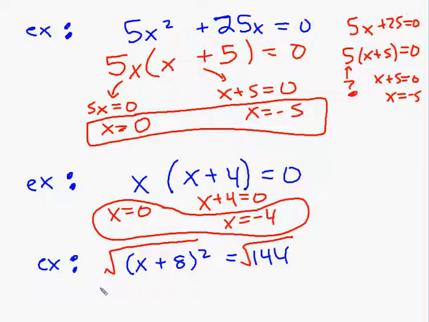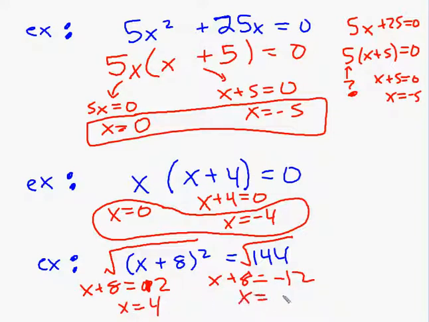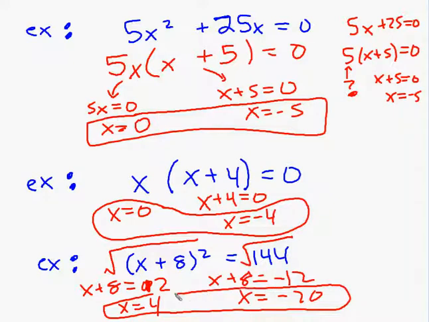What two answers do we get? X plus 8 equals 12. Yeah. And x plus 8 equals negative 12. Yeah. Then we solve both of those. We get 4, and we get negative 20. So remember, when you take a square root, you get two answers.